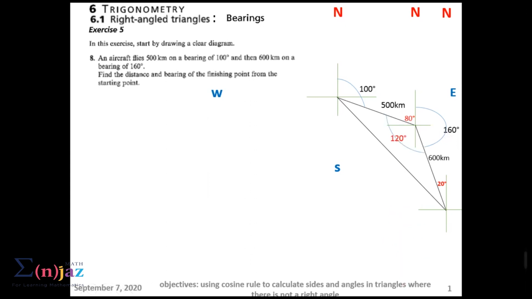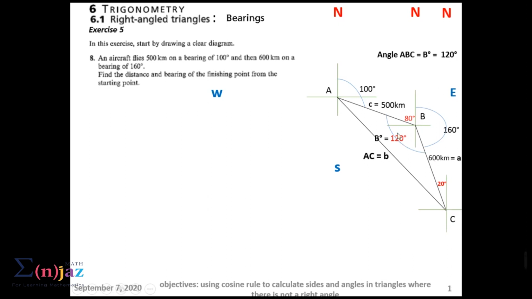Now, name each corner in this triangle A, B, and C. Each angle carries the capital letter, and the side that is opposite to the angle carries the small letter, as follows. Angle ABC, which we're going to call angle capital B, is equal to 120.